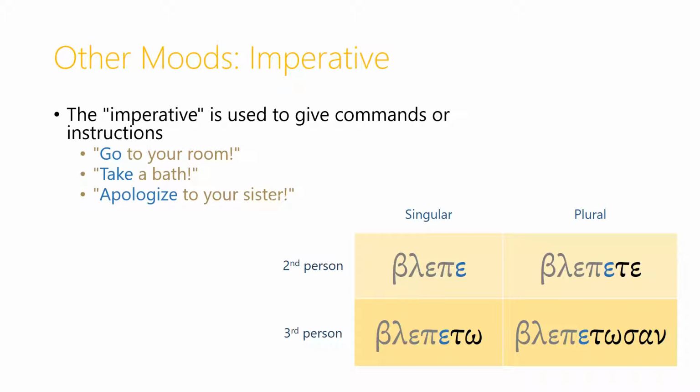So blepeto, the third person singular, could be translated let him see, or with "should." He should see, or he must see. The third person plural is blepetosan, and that would mean something like let them see, or they should see, or they must see.